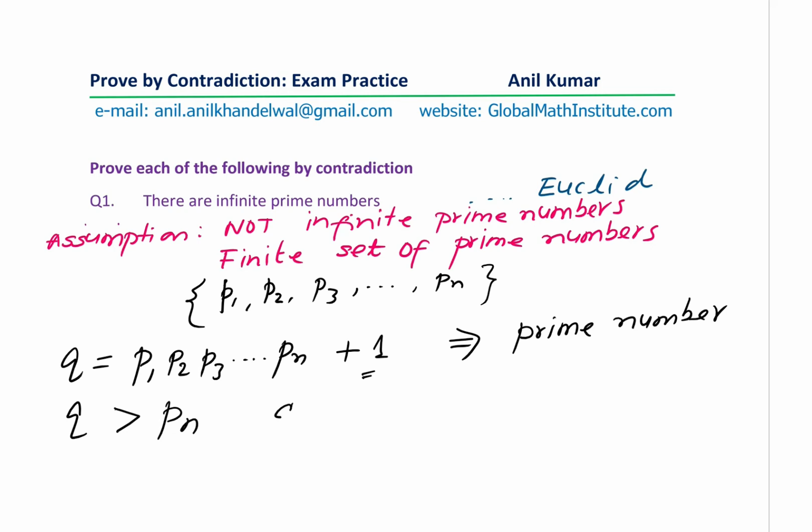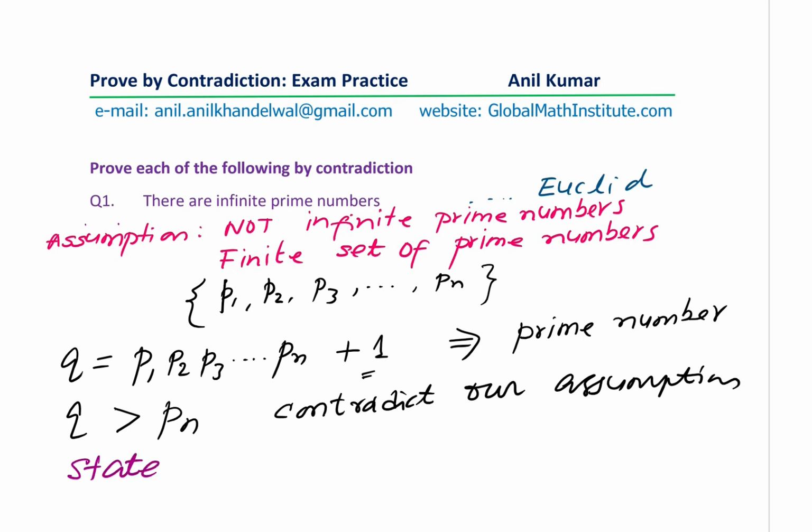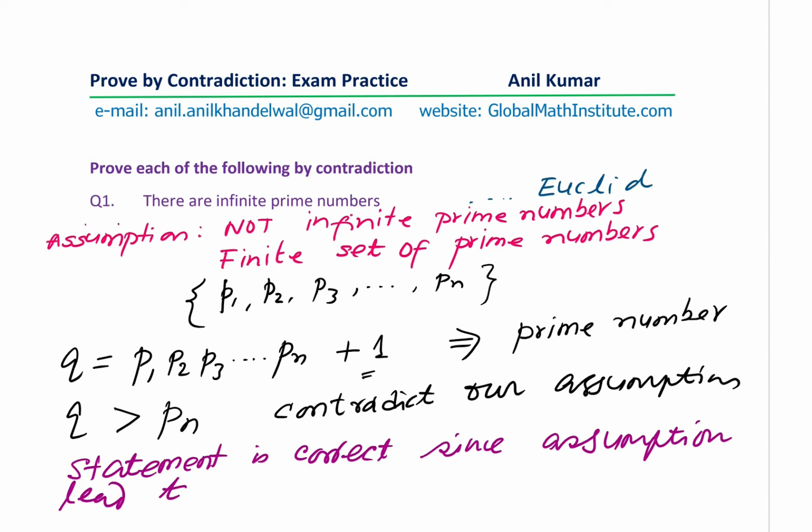So we contradict our assumption. Since we have a prime number which is beyond the list of our defined set of prime numbers, and since we have contradicted, we can now say that the statement is correct, since the assumption led to a contradiction.